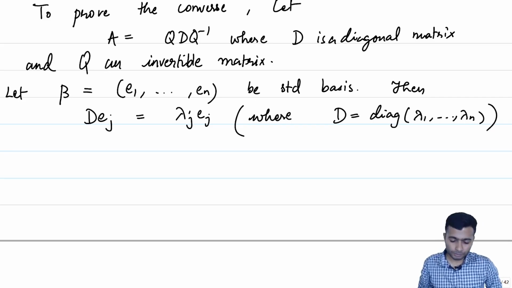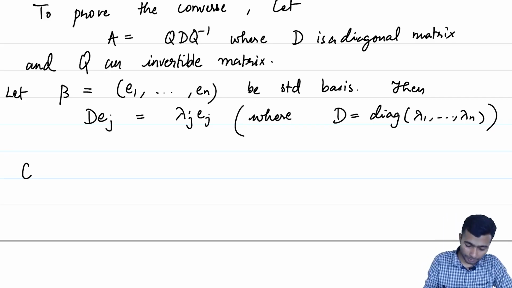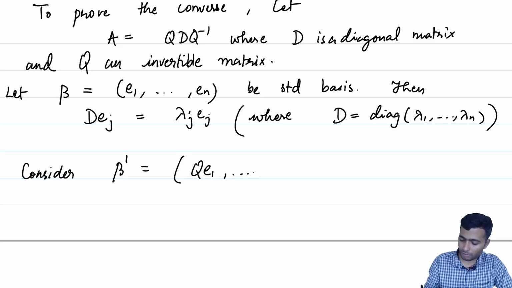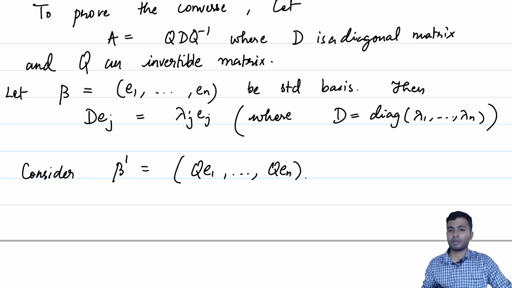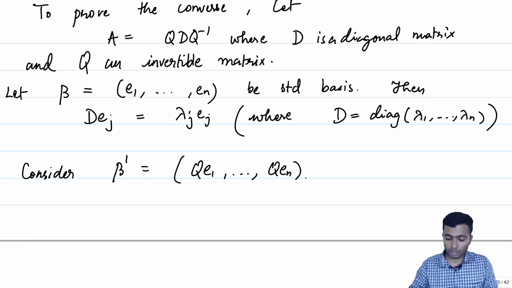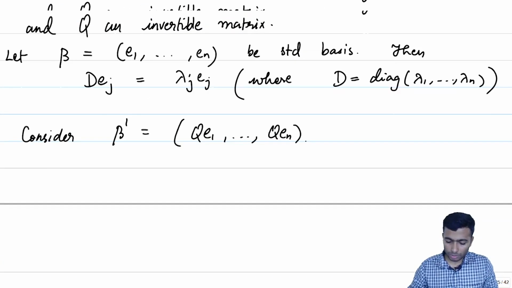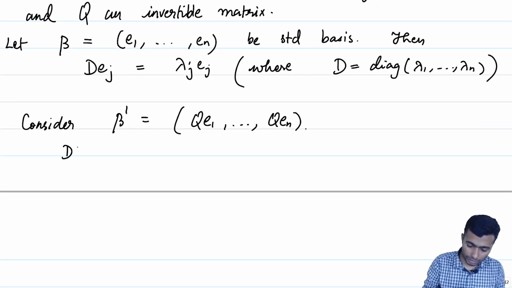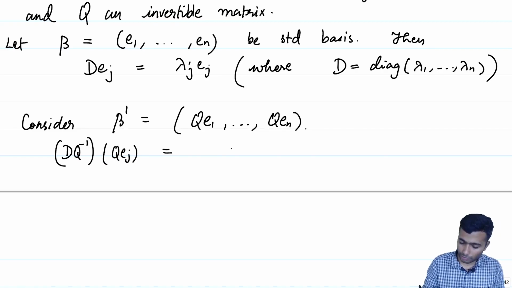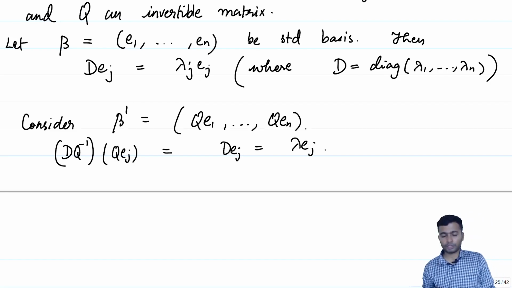Let us now consider beta prime, where beta prime is given by QE1 up to QEn, and let us notice how A behaves on beta prime. So, notice that DQ inverse of QEj will just be equal to DEj, which is equal to lambda j Ej.